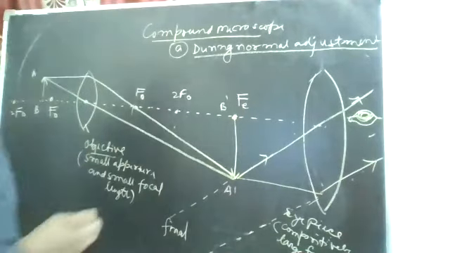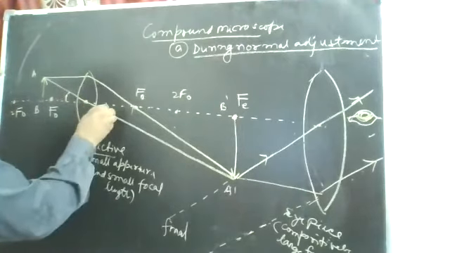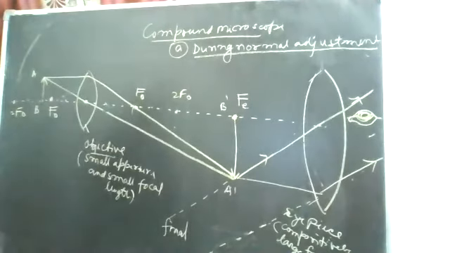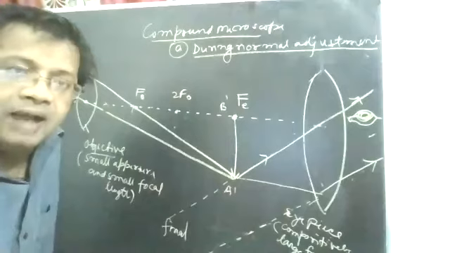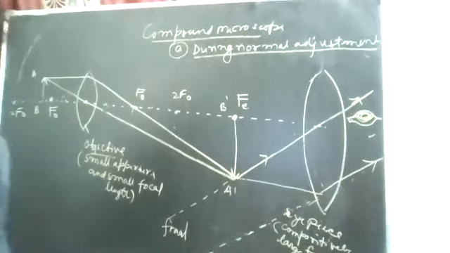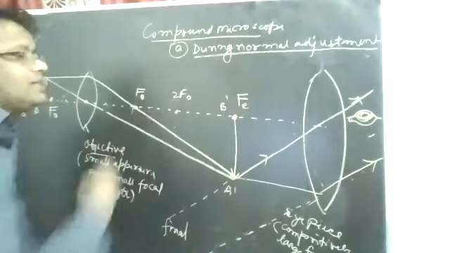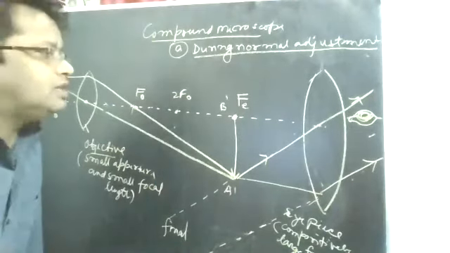Now in the compound microscope, two lenses are used and the magnifications are always multiplied.